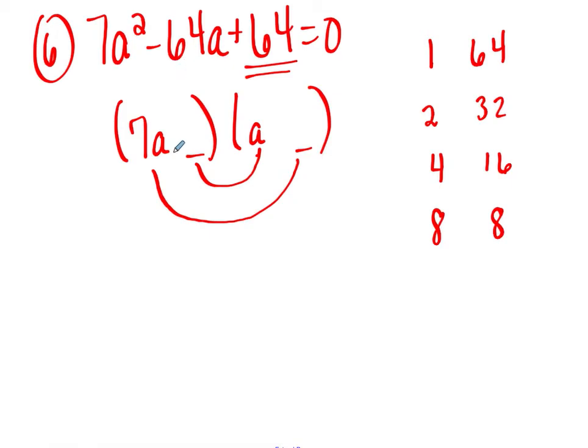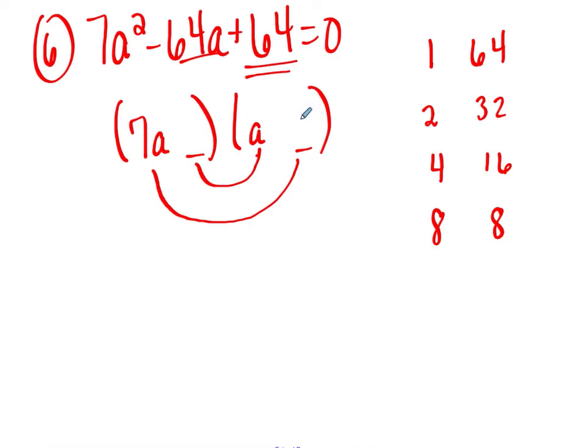Can I put 64 here? I can. Is it going to work? No, because 7 times 64 and then a 1 is huge. Adam, pay attention. 8, that won't work either. 8 and 8 won't work.